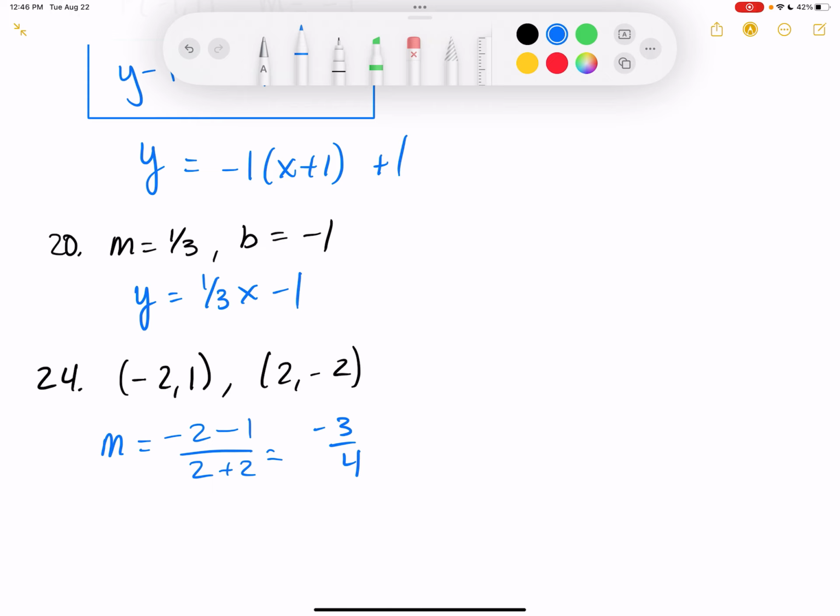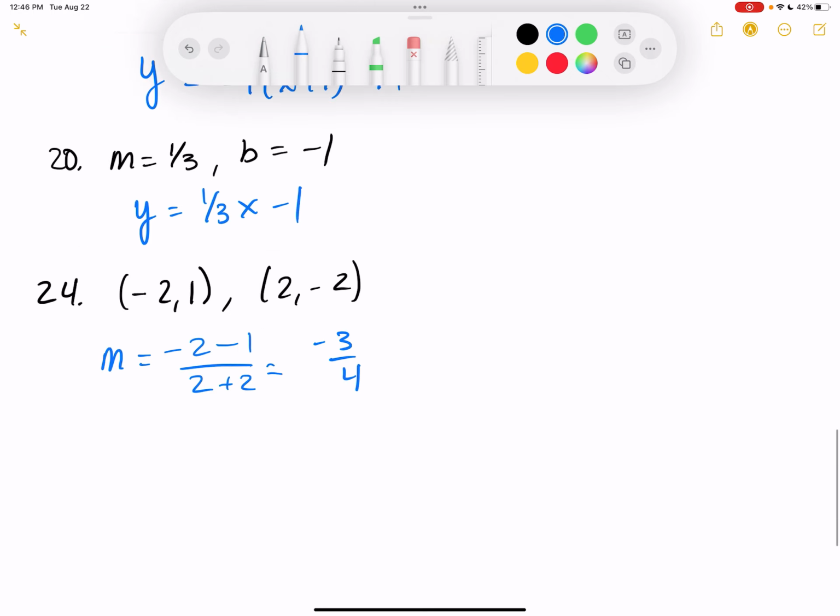Pick a point and solve for the equation. But I want standard form, so what am I ultimately going to get? Not y equals mx plus b. That's how I'm starting, but then where am I going?